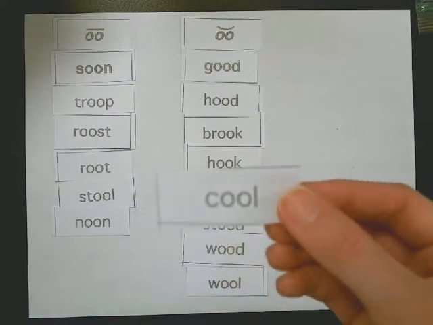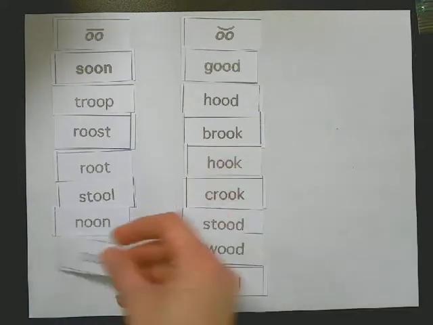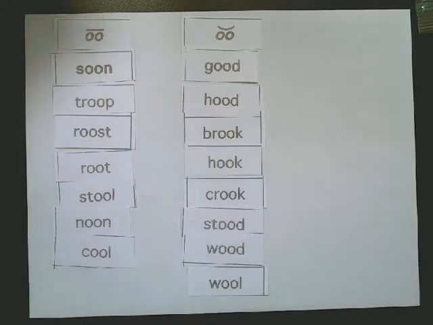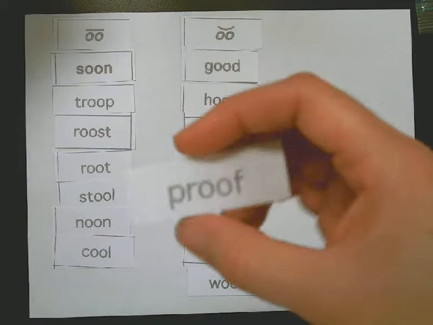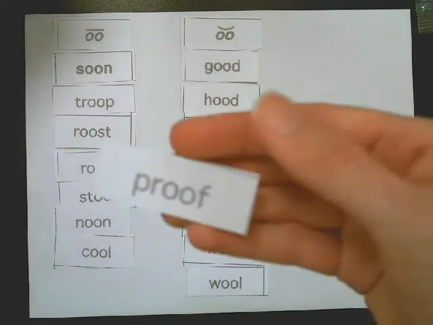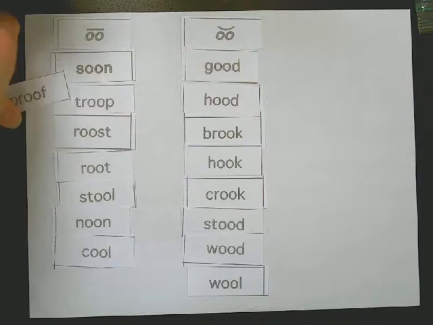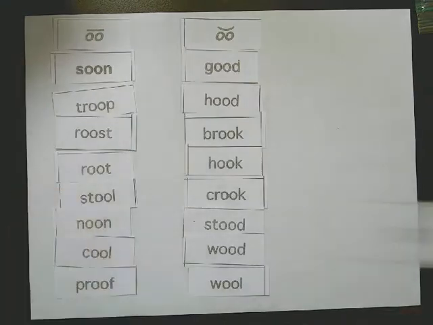Here's the word cool. Again, that ooh sound has us put it over here like in soon or troop. Here's the word proof. Where's your proof? We hear the ooh sound, so we're going to put it over here.